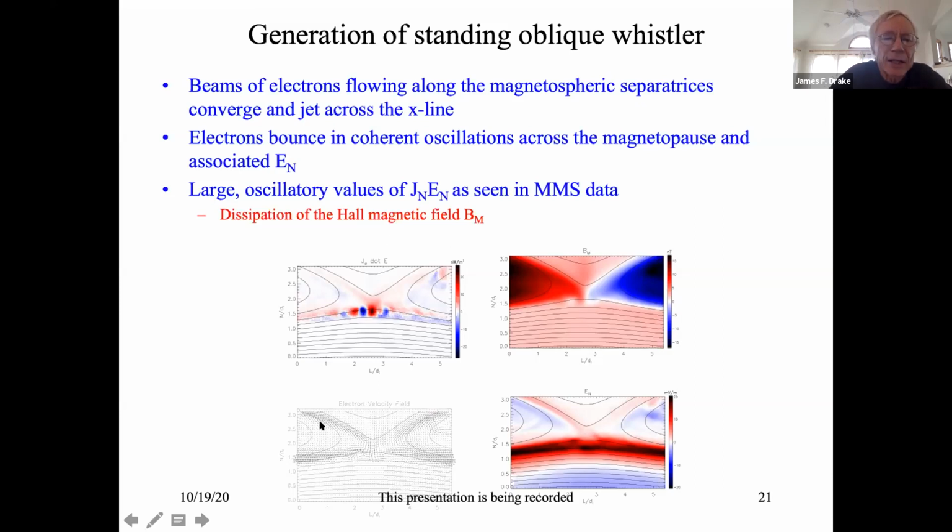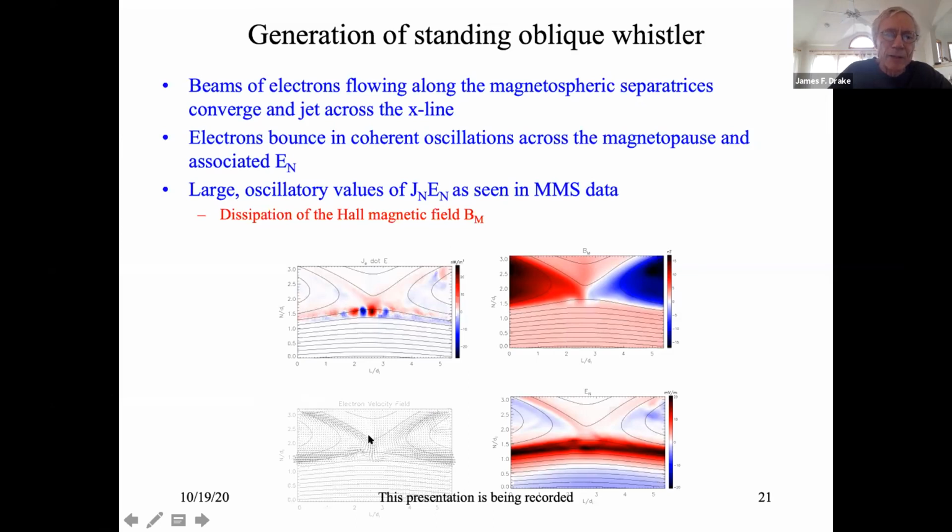You can see that here. And it's a bit small, but anyhow, electrons come barreling along the separatrix here and get ejected across the X-line, and then they bounce.